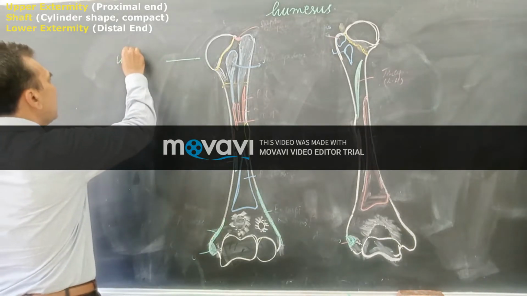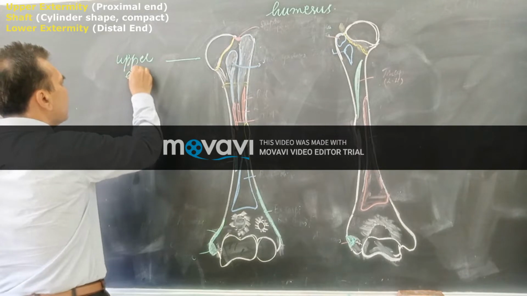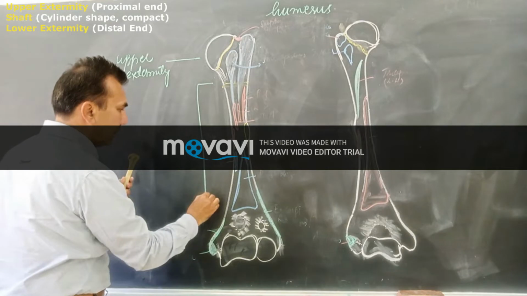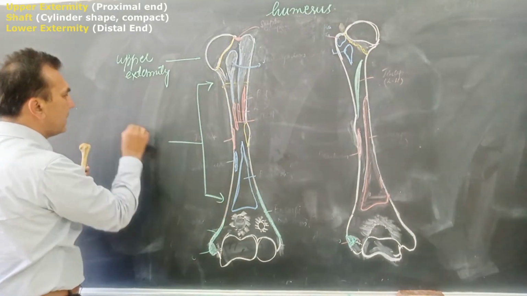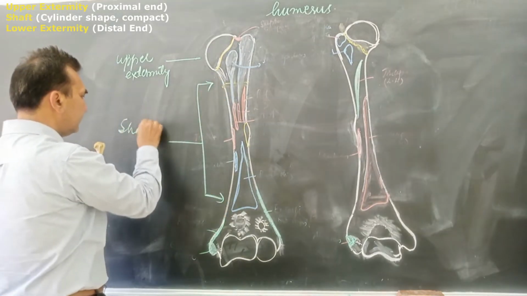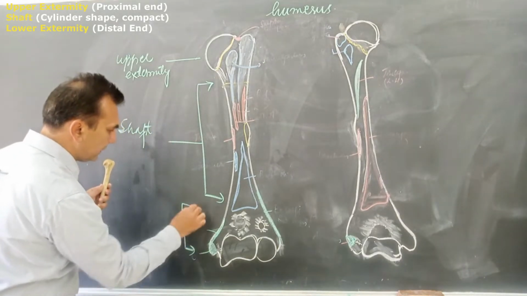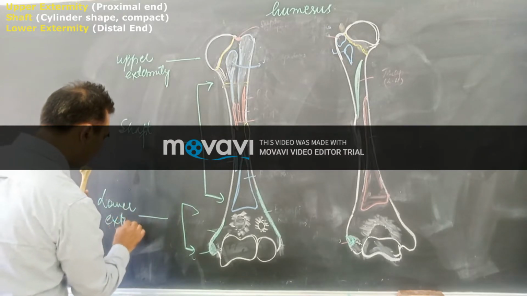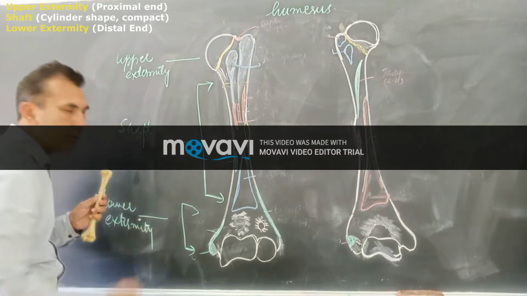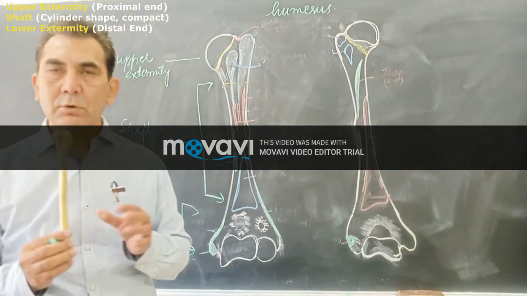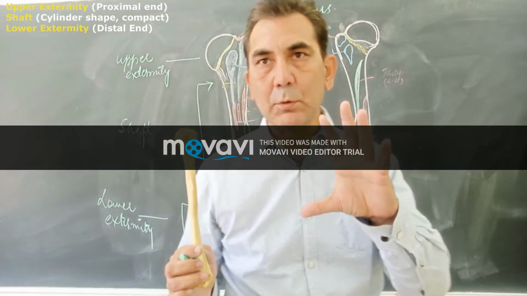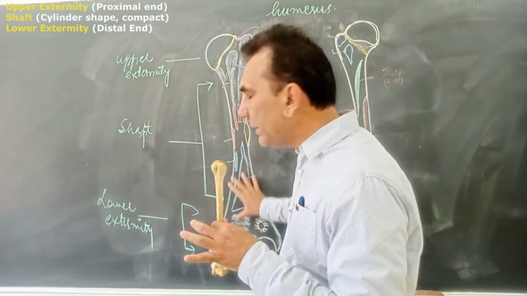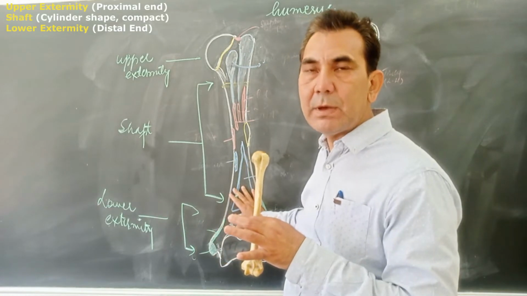The upper part is called the upper extremity, which is rounded in shape.